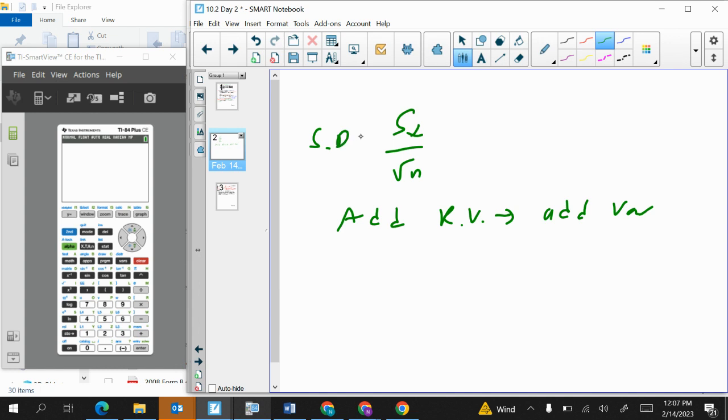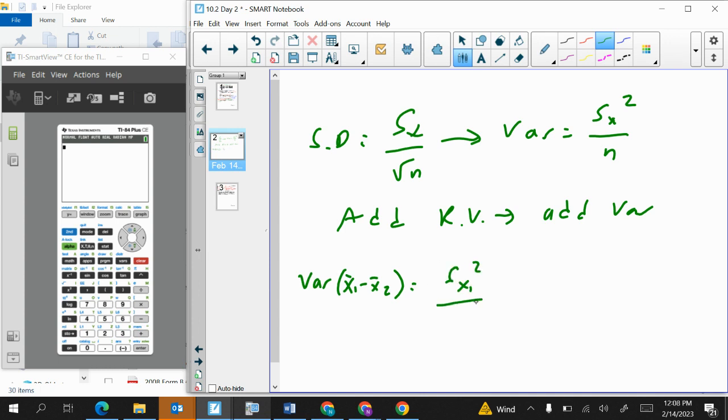So this is standard deviation. That means that my variance is that. So I'm going to have the new variance of the two, so variance of x bar 1 minus x bar 2, right, that would be sx1 squared over n1 plus sx2 squared over n2.